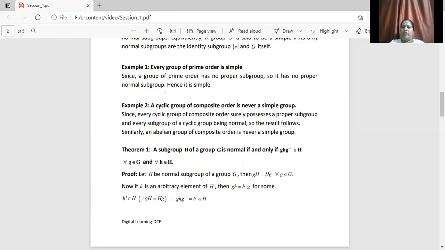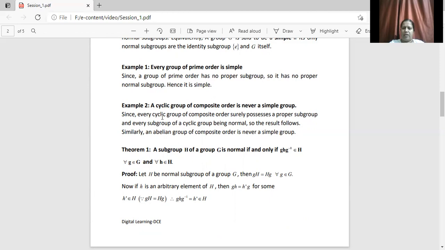When it is not having any proper subgroup, it will not have any proper normal subgroups. Hence, a group of prime order is a simple group.